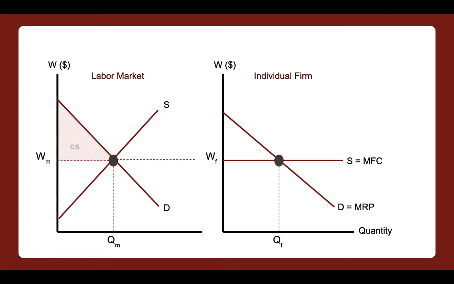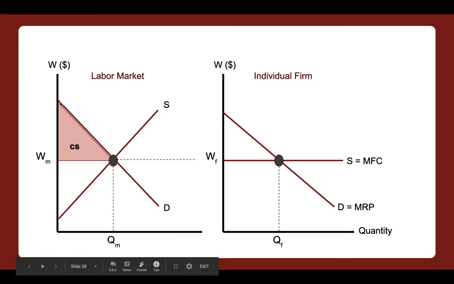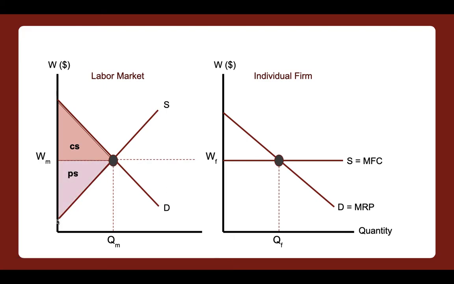But we still have consumer surplus in the market. We still have producer surplus in the market. I don't want you to forget that those things are identified and calculated in exactly the same way. So if you're asked about consumer surplus in a labor market or producer surplus, don't freak out. Okay, we look at it the same way.